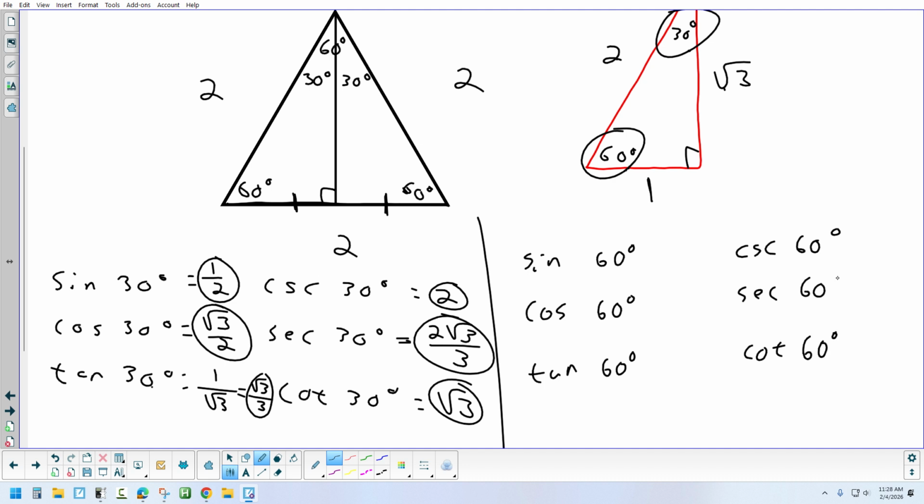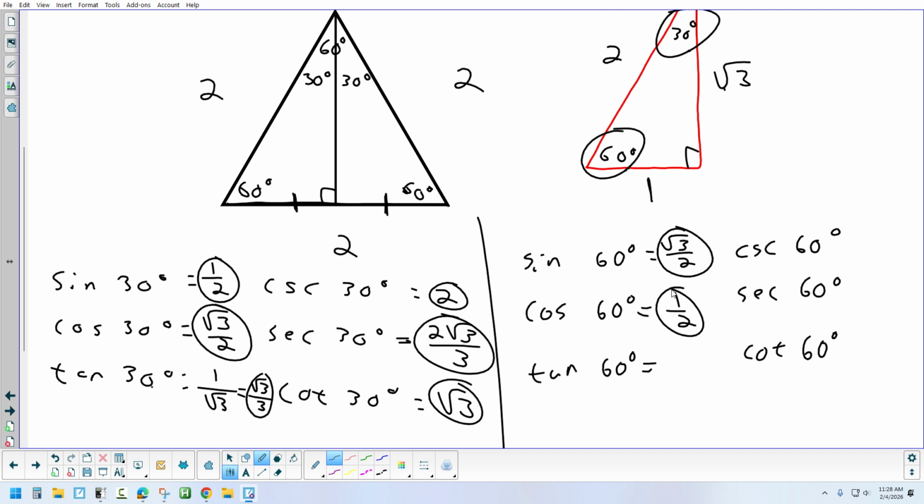All right, let's start with the sine. What's the sine of 60 degrees? Square root of 3 over 2, opposite over hypotenuse. What about the cosine of 60? 1 over 2, adjacent over hypotenuse.